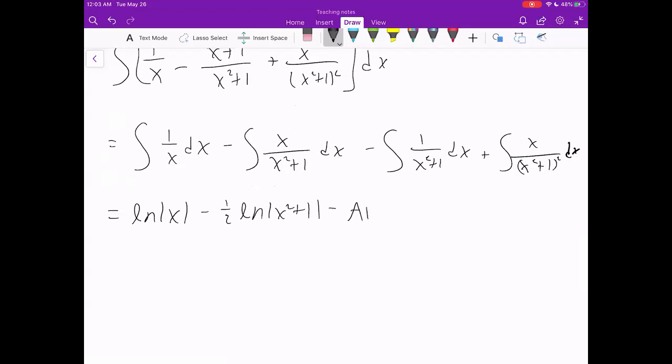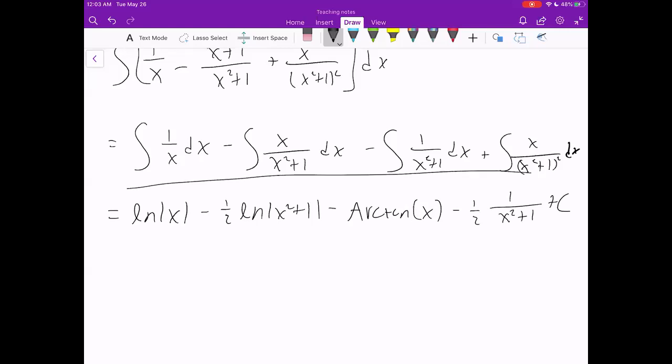So this is just arctan of x. We know that one. And the last one, again, is a u substitution. If you can do it in your head, great. This is 1 over 2 times 1 over x squared plus 1 there. And you get a minus sign in front of it now, plus your integration constant.